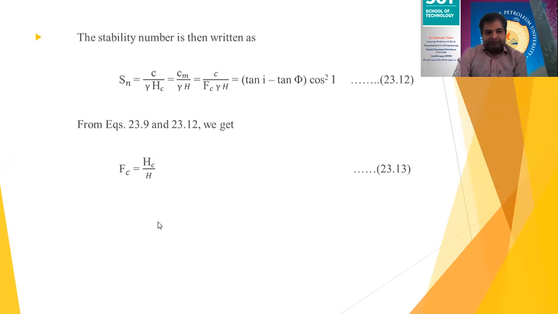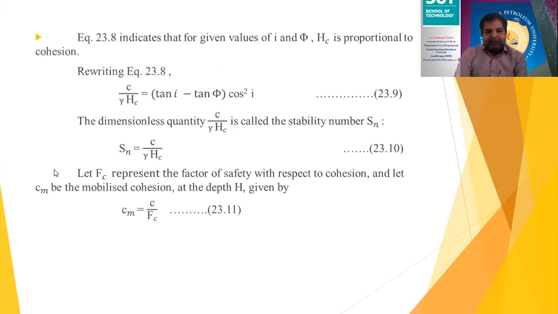If you put this into those equations, then Sn, which we said is C upon gamma Hc, with the value of Cm replaced, will become Cm upon gamma H. If you simplify, this will become C upon Fc into gamma H, because you have already used this particular equation.